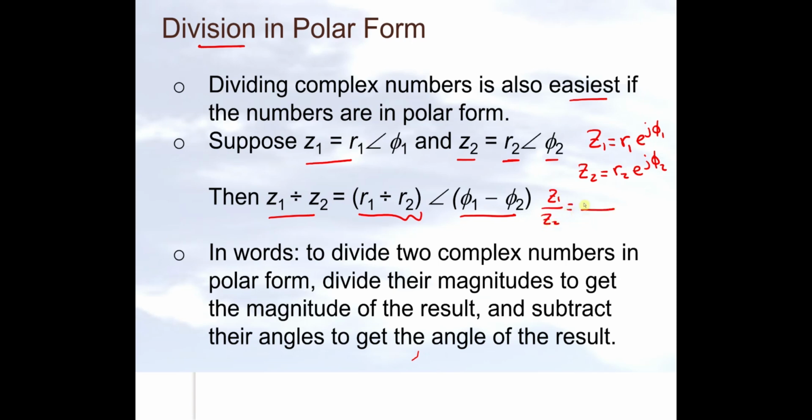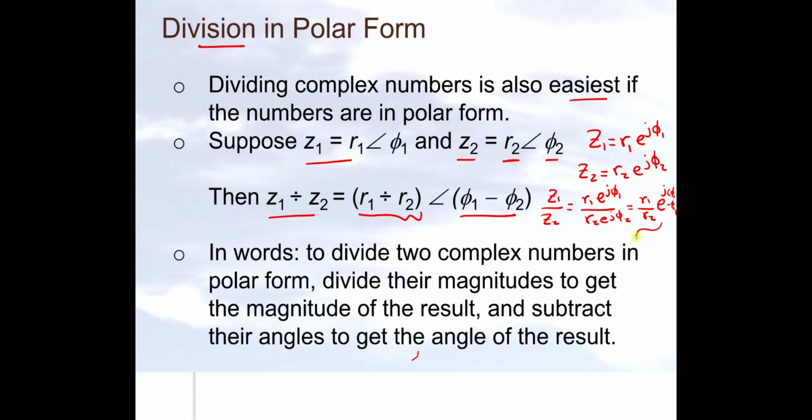This is equal to r1 e^{jφ1} over r2 e^{jφ2}. The result would be, okay, I can have the real numbers or magnitudes, so it's r1 over r2, and then I have the exponentials one over another. We know that when you divide exponentials, you subtract the exponents, so I have e^{j(φ1 minus φ2)}.